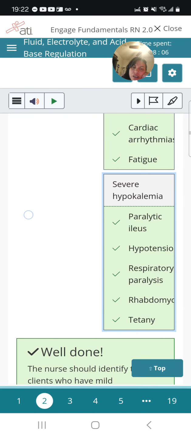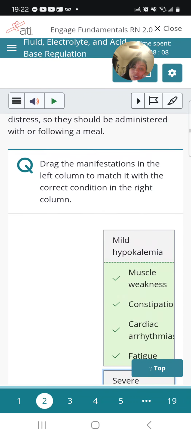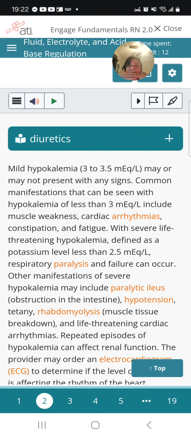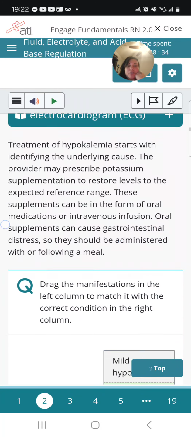Mild hypokalemia is 3 to 3.5, and then lower than 3, I guess medium. Common manifestations can be seen with hypokalemia of less than 3. And then the severe would be 2.5 milliequivalents of potassium.